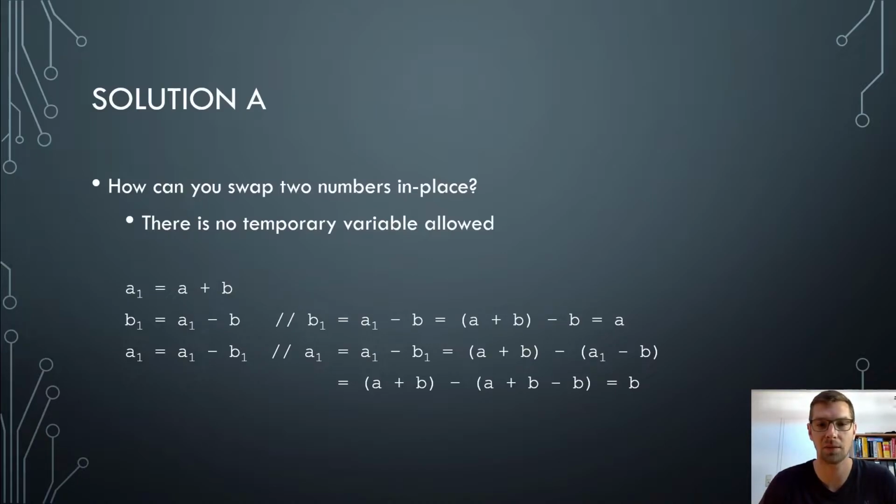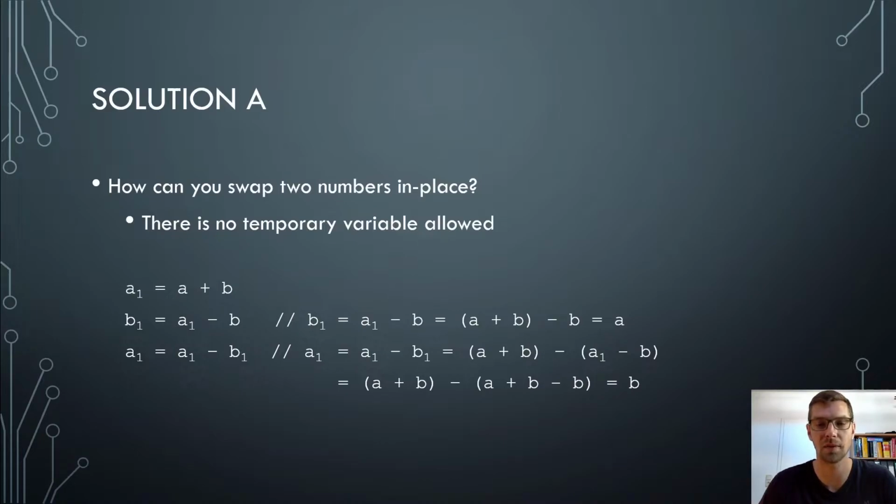Alright, and a1 is still a plus b, so we can say a1 equals a1 minus b1. There we get a1 minus b1 equals, and now we put it in again, it's a plus b, that is what's stored in a1, minus, and in b1 is stored a1 minus b. So that is equal to a plus b, our old a1, minus a plus b, what is stored in a1 minus b.